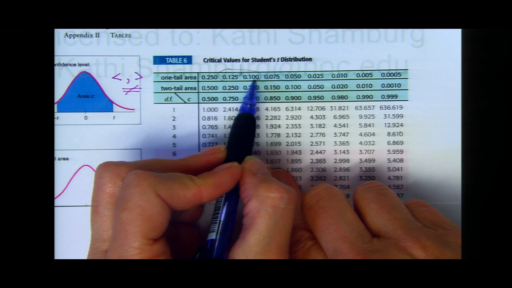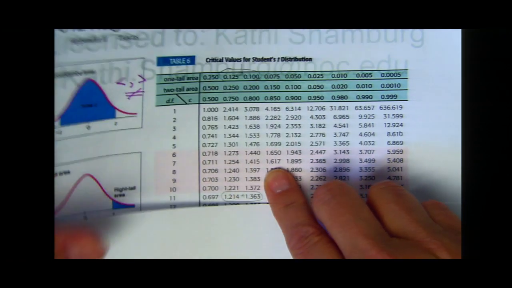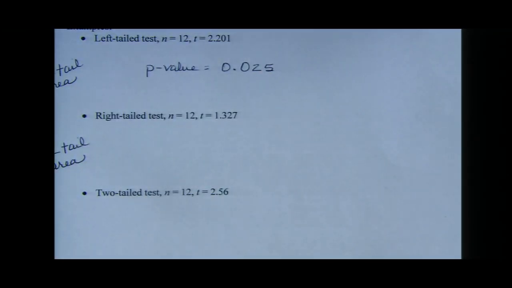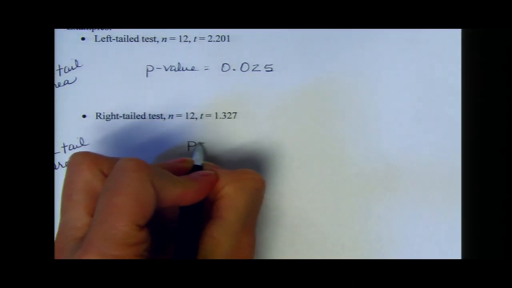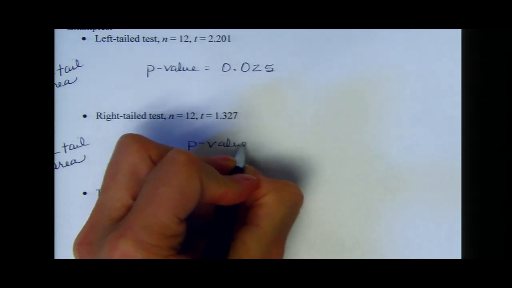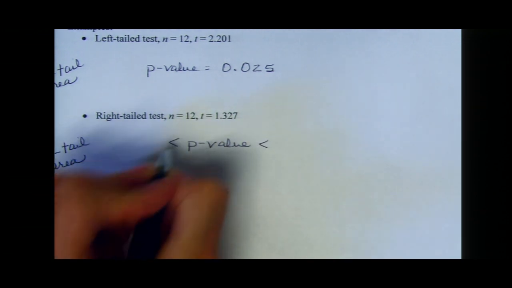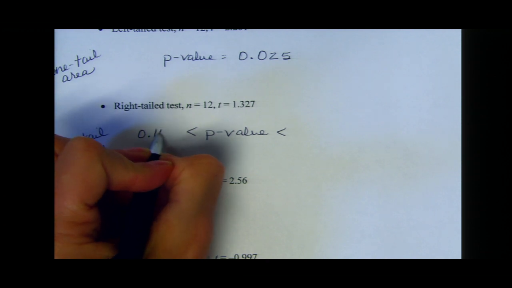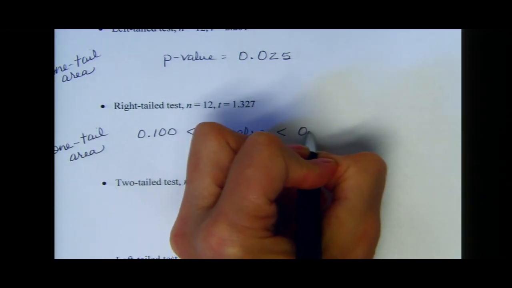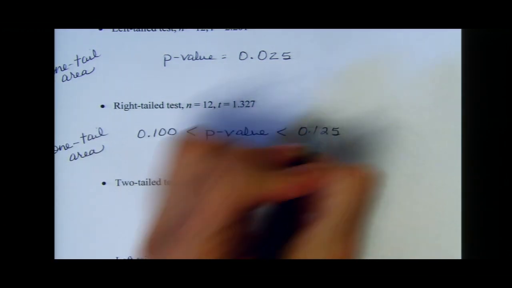And notice that the number on the right is the smaller number. So when I correctly mathematically write this, I would say my p-value falls between 0.100 and 0.125.